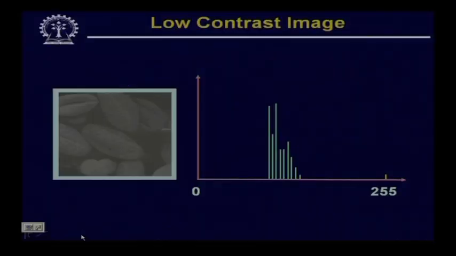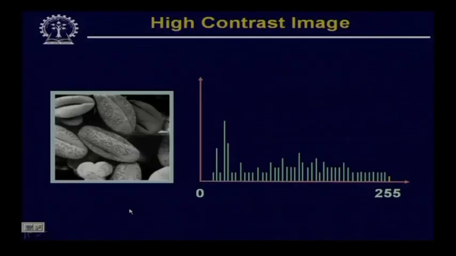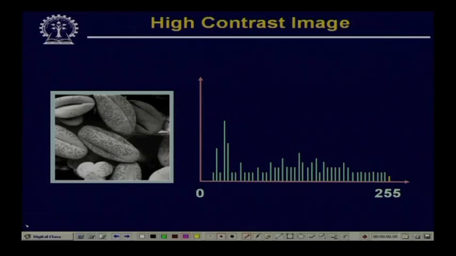So, let us look at the fourth category of image. In this image, the histogram plot shows that the intensity values vary from a very low value to a very high value. That is, it has a wide variation from 0 to 255 levels.